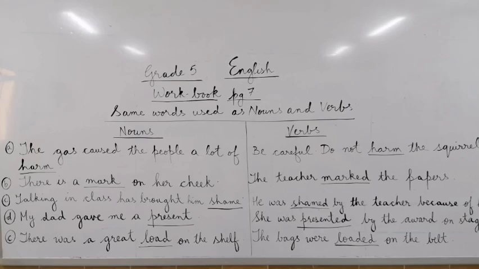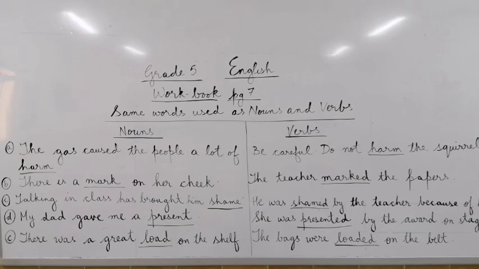Abstract nouns exist only in the mind, but concrete nouns, you can see their physical presence. So if there is a mark on a girl's cheek, you can see that mark. So mark here is a noun, a concrete noun.